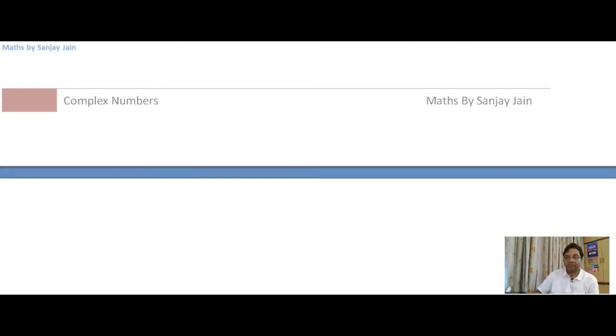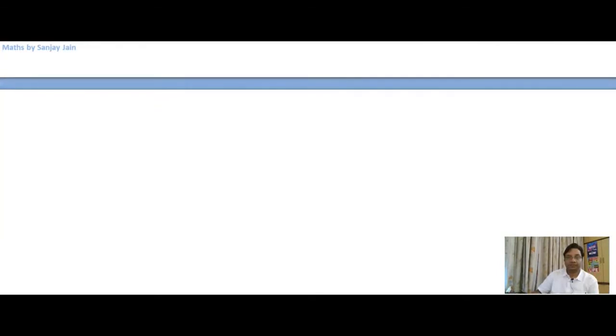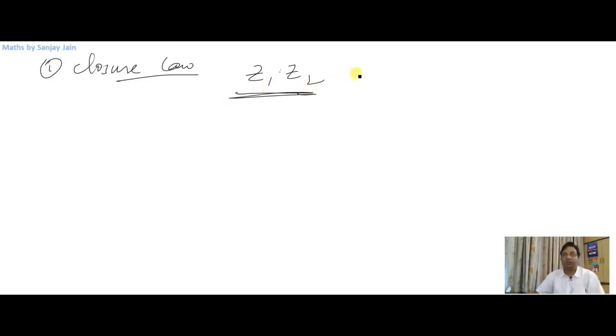Now let us talk about some properties. The number one that we will discuss is closure law, that the set of complex numbers is closed under multiplication. That is, the product of two complex numbers is also a complex number.